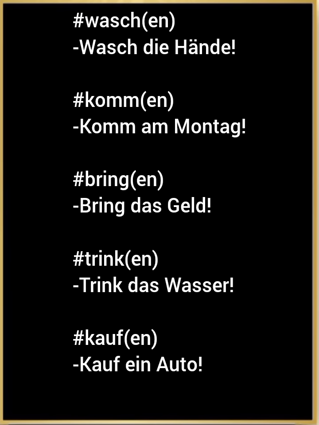Normally we would say, du wäschst die Hände, you are washing the hands. You remove the du, remove the -st, and also remove the umlaut. Now I remain with: Wasch die Hände. That is the request in the du form.